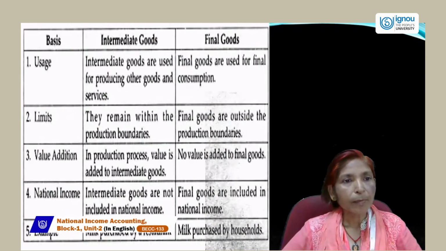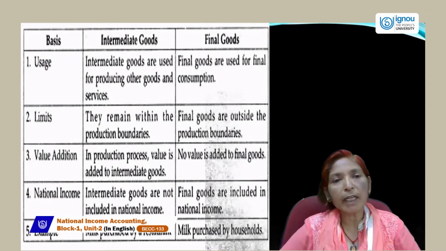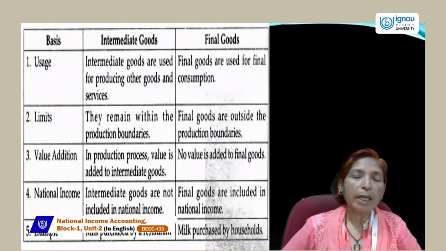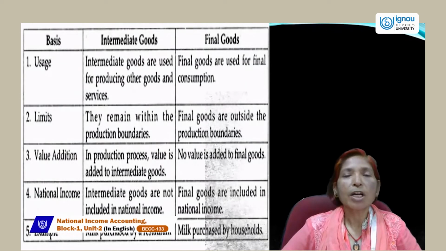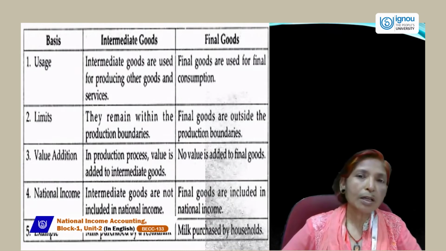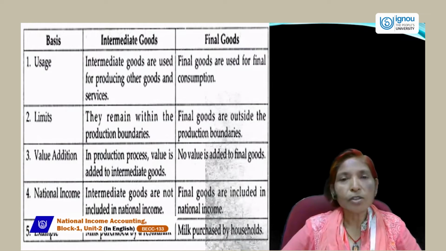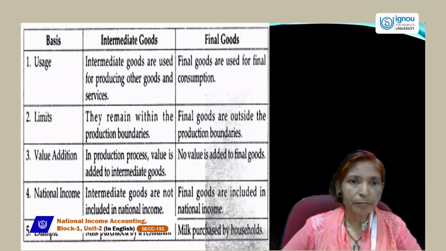Now next is intermediate goods and final goods. What is the difference between intermediate and final goods? Intermediate goods are those goods which are used for production of goods and services, and final goods are those goods which are ready or which are finally consumed by the consumer.